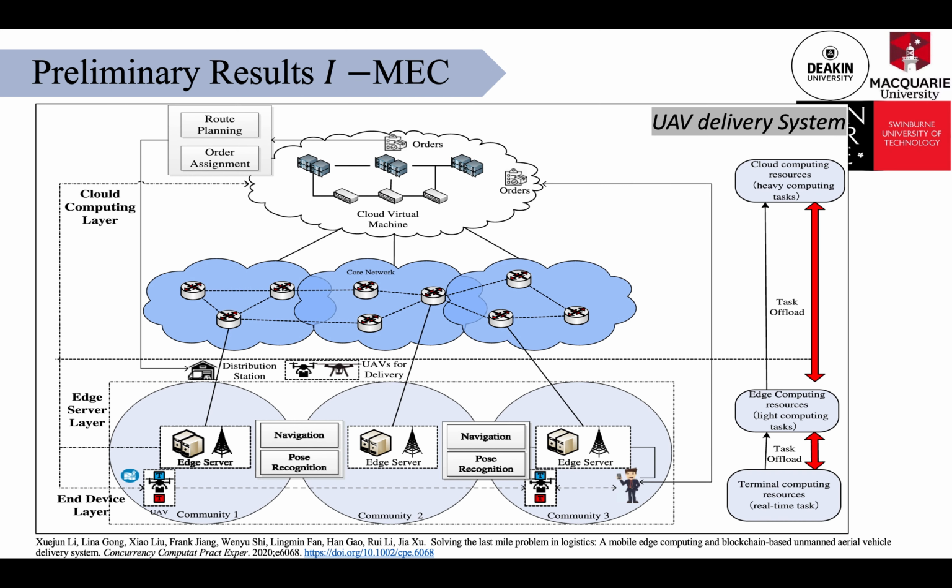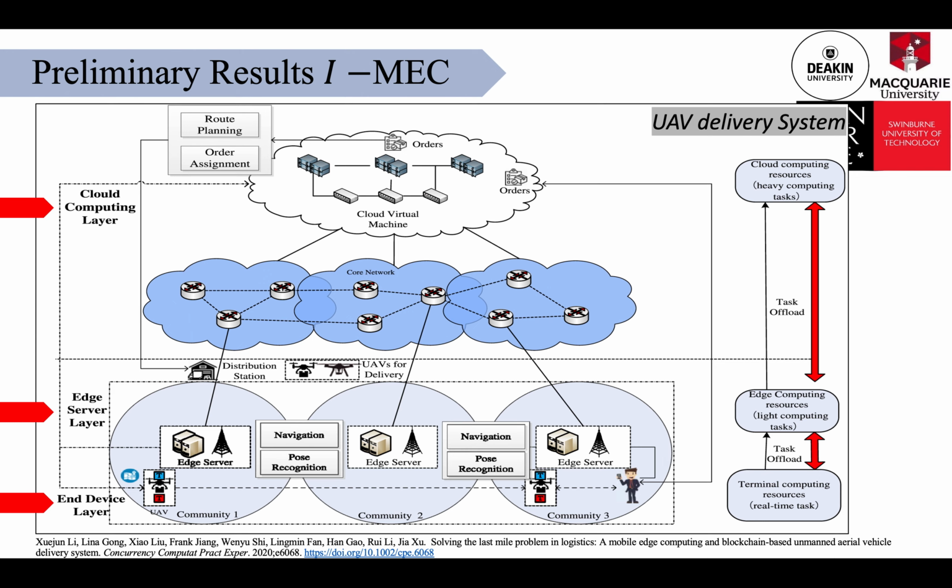In order to complete the development of a mobile edge computing platform, we proposed a mobile edge computing and blockchain-based UAV delivery system to resolve the last mile problem in logistics. Specifically, this system is a typical distributed system with a three-layer architecture.